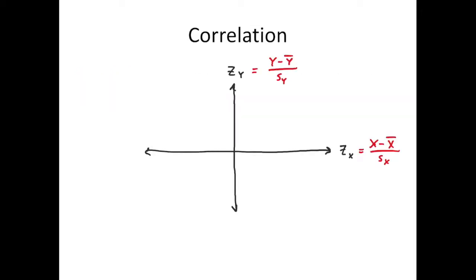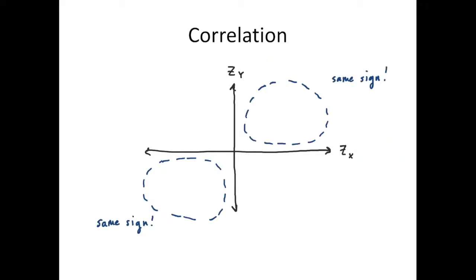So here you see I have a coordinate plane where my x-axis is now labeled z sub x. So those will be the standardized x coordinates, found as usual by taking each x coordinate, subtracting off the mean of all x coordinates, and dividing by the standard deviation. And my vertical axis is z sub y. So those would be the standardized y coordinates. And I want to focus here on the first and third quadrants.